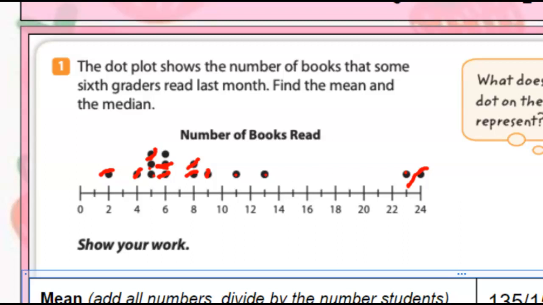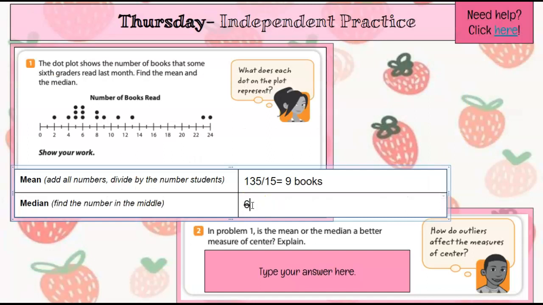And we end up with 6 being our median. So we can write in here 6, that is our median, or the number that is in the middle.